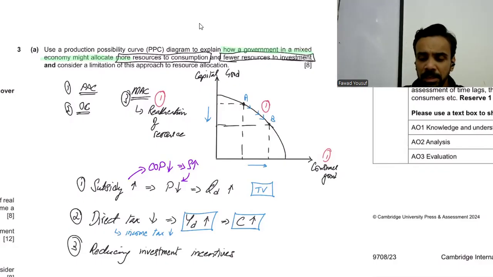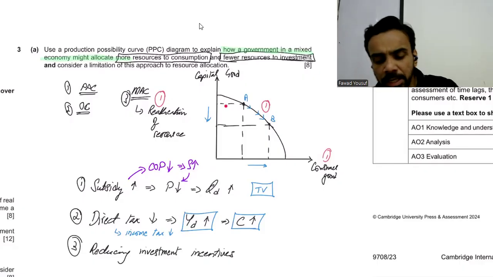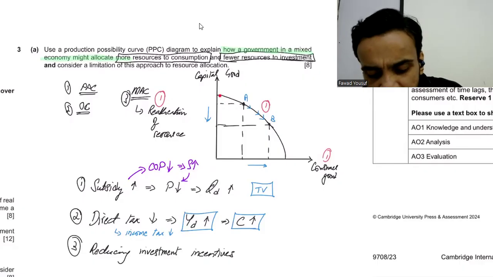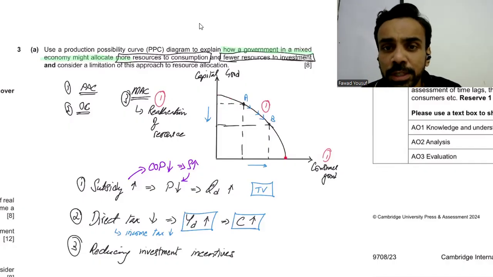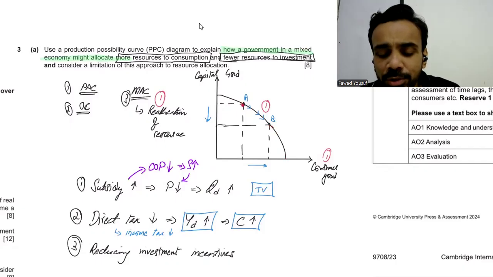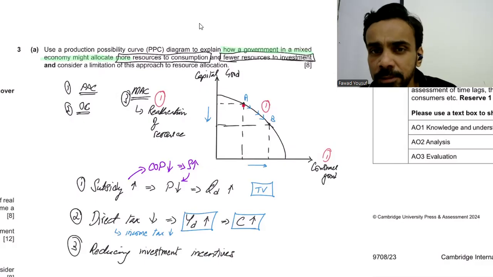Let me bring something from A2 over here. You know how we say that any point on the PPC is a productively efficient point, right? What points A and B are showing is that you're using all your resources and your cost is probably minimizing.